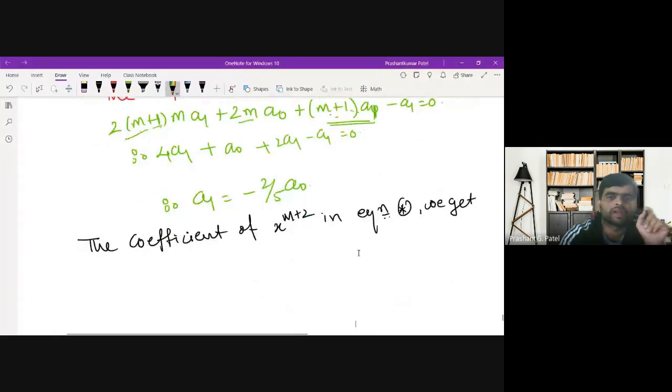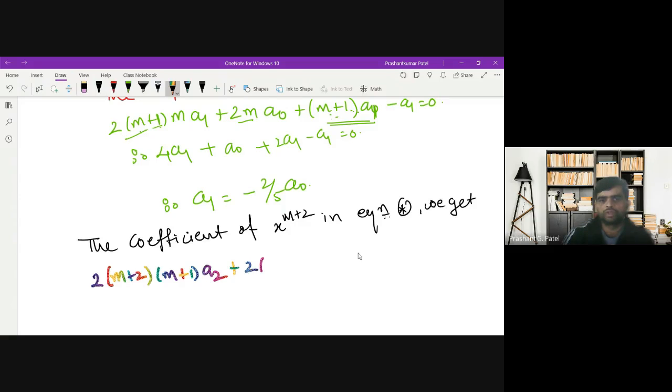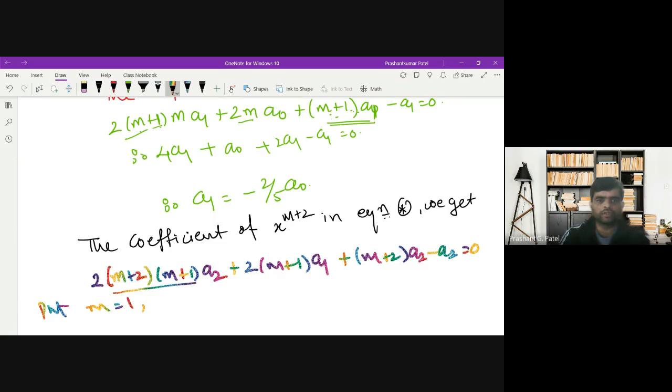So let me write it down here. That is 2 into m plus 2, m plus 1, a2 plus 2 into m plus 1, a1 plus m plus 2, a2 minus a2 equal to 0. Now put m equal to 1. What will this quantity be?